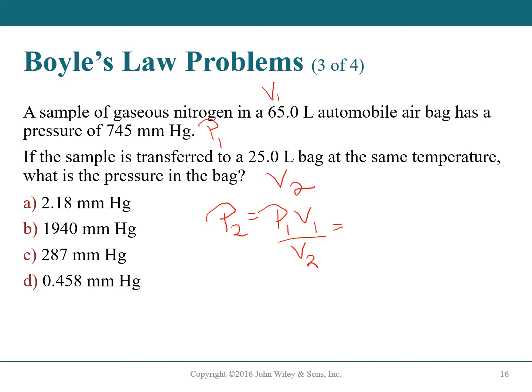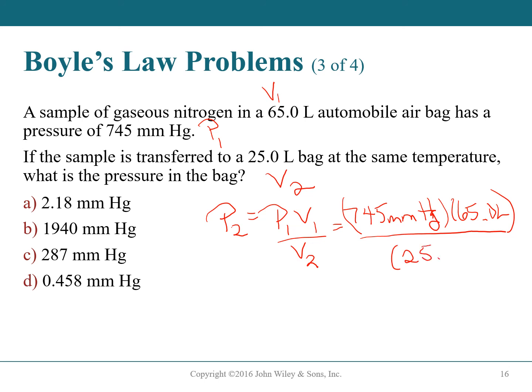We have 745 millimeters mercury. V1 is 65 liters. V2 is 25 liters. So P2 is equal to 745 millimeters mercury times 65 liters divided by 25 liters.